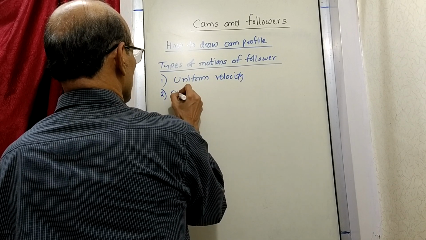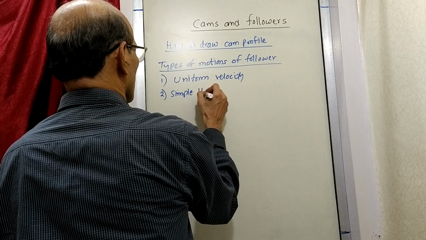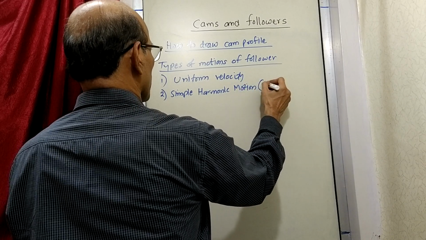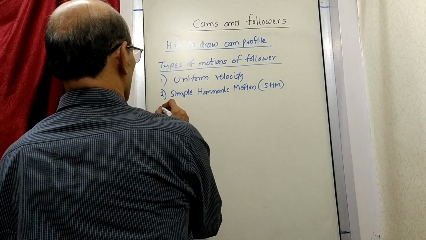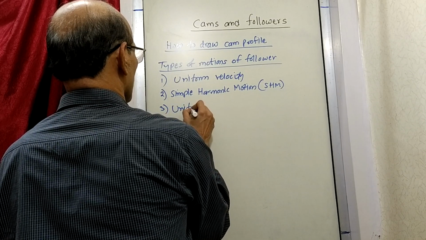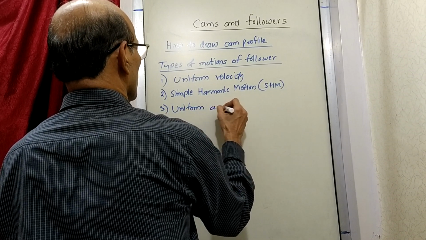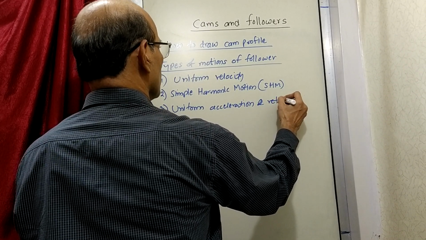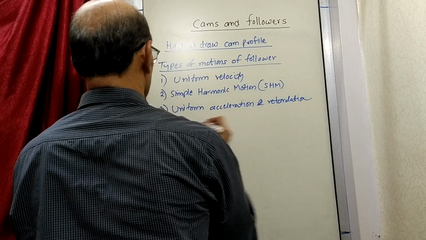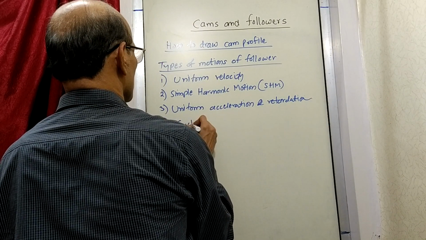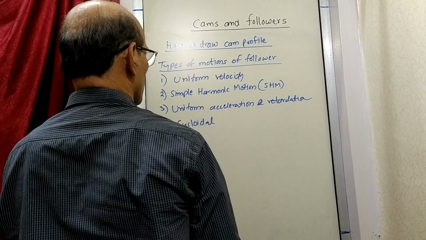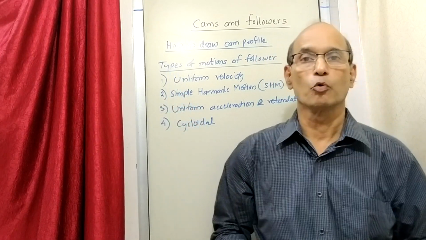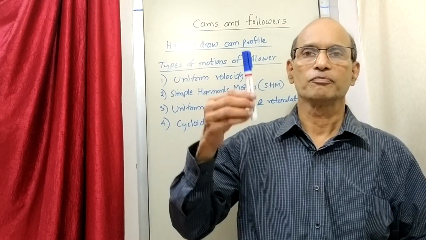Second is simple harmonic motion, that is SHM. Third is uniform acceleration and retardation. And the fourth is cycloidal. So these are the four different types of motions that exist of a follower.